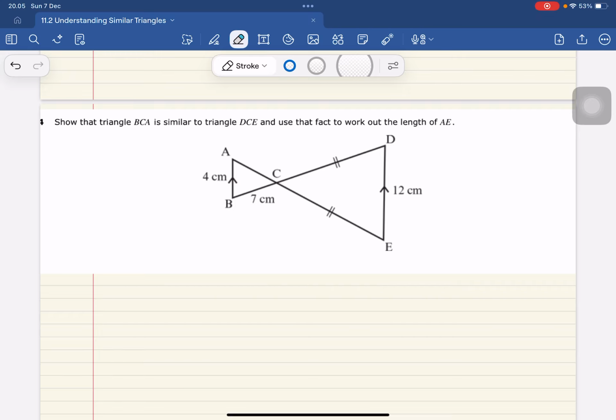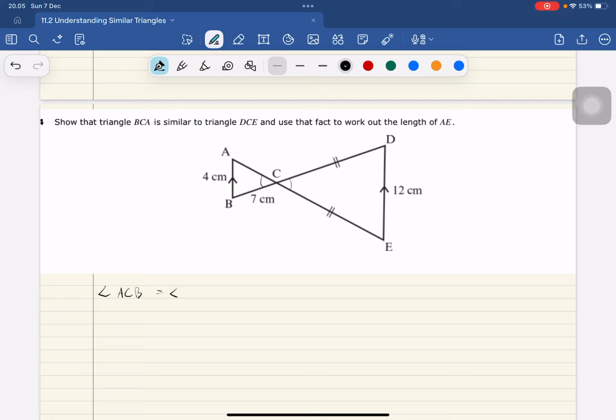Look at this angle. They are vertically opposite angles. So angle ACB equal to angle DCE because they are vertically opposite.